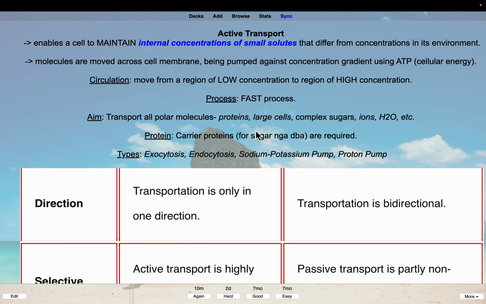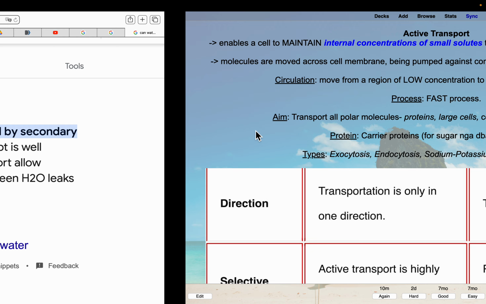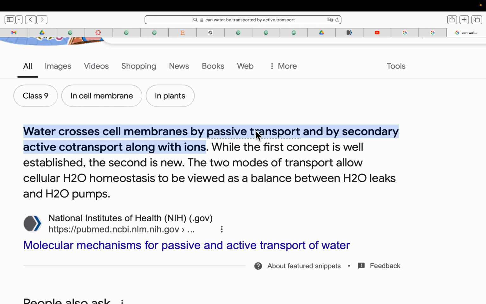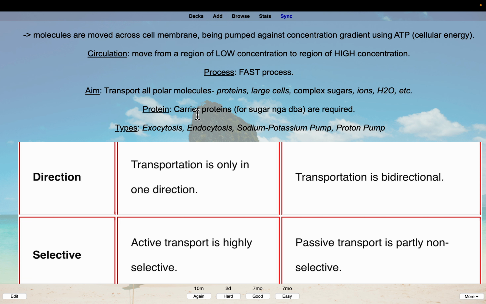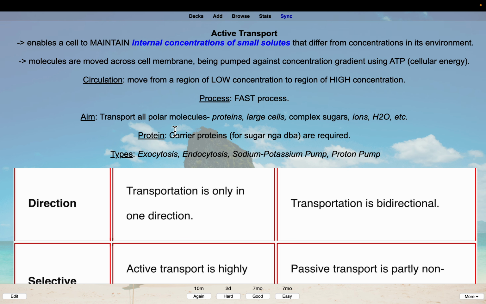So it turns out that water can undergo active or passive transport. For the proteins, carrier proteins for sugar are required. So what are the types? Under active transport, we have exocytosis, endocytosis, sodium-potassium pump, and proton pump.